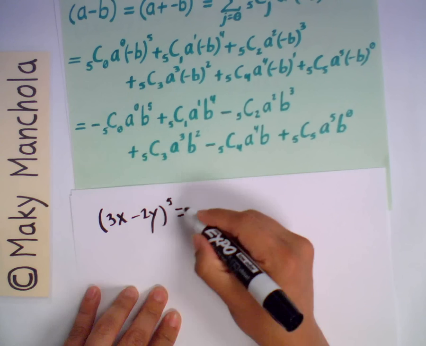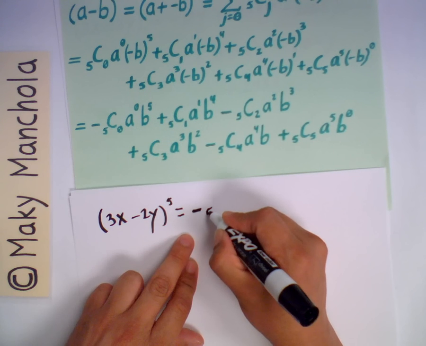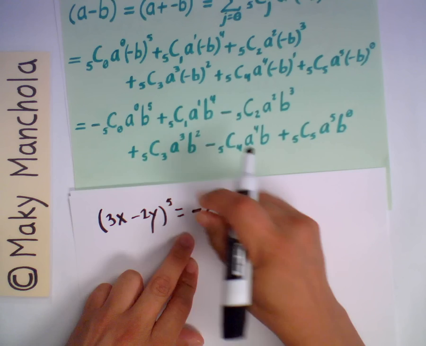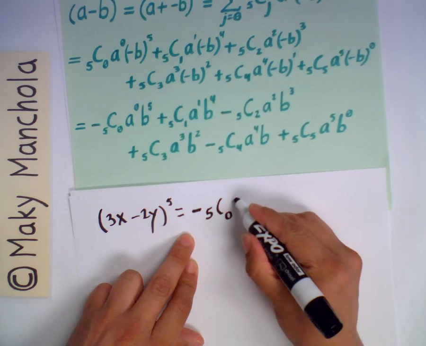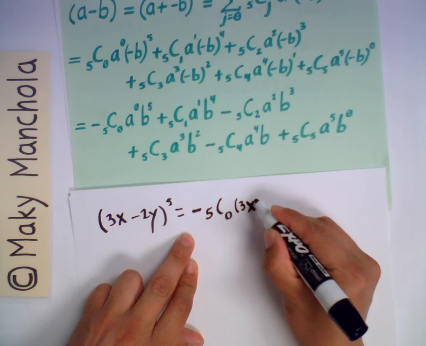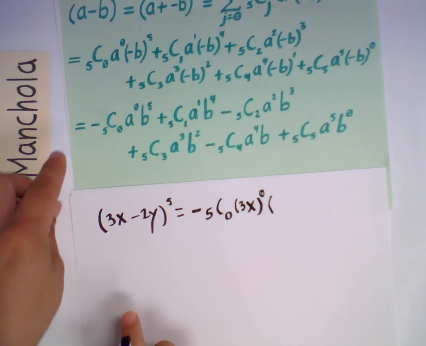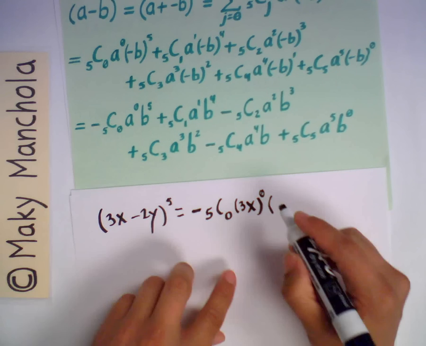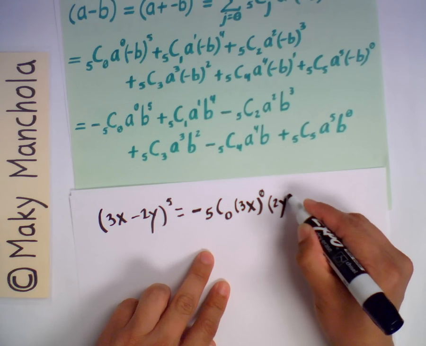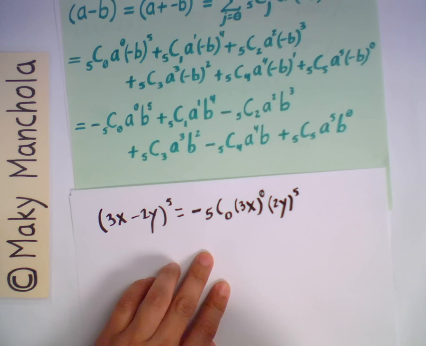So let's begin with the minus. 5 choose 0, the a part is the 3x raised to the 0, the b part is the 2y, and that's being raised to the fifth power.